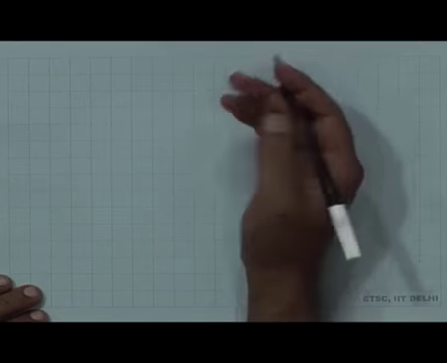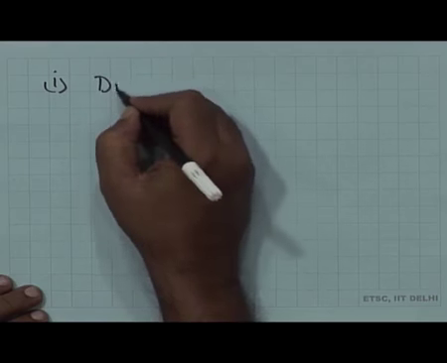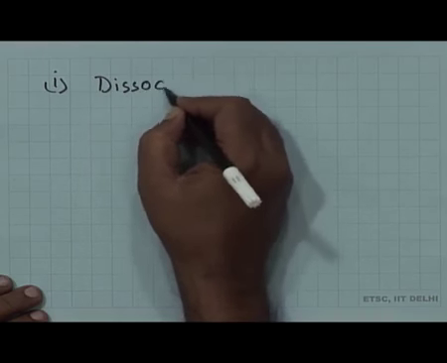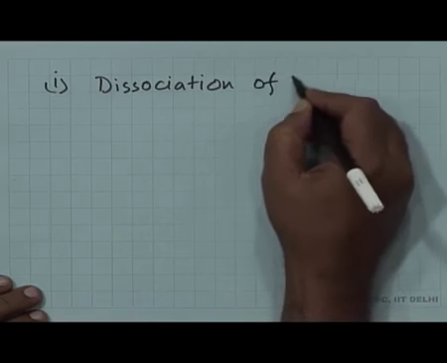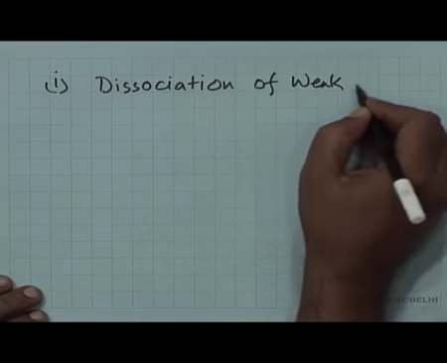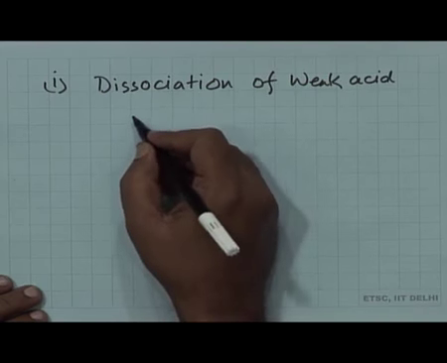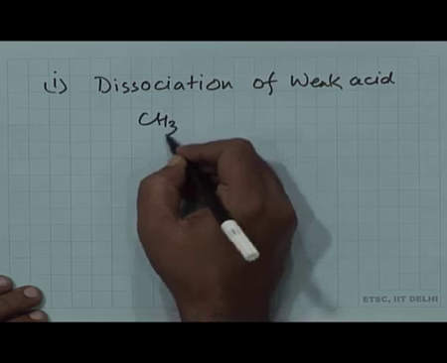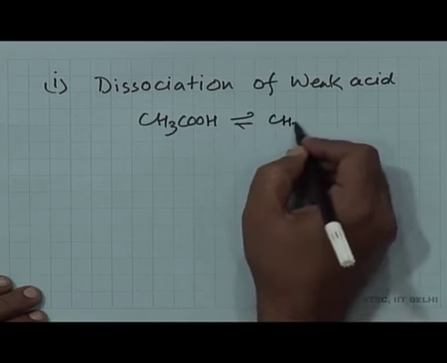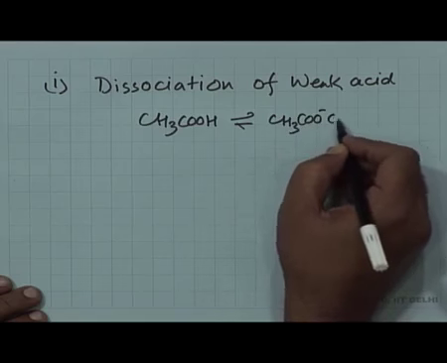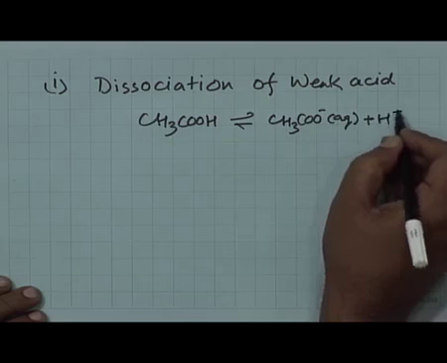Now, where can we apply it? We can apply it for dissociation of weak acids, for example, your acetic acid. So, it breaks to give you CH3COO minus aqueous plus H plus ion aqueous.